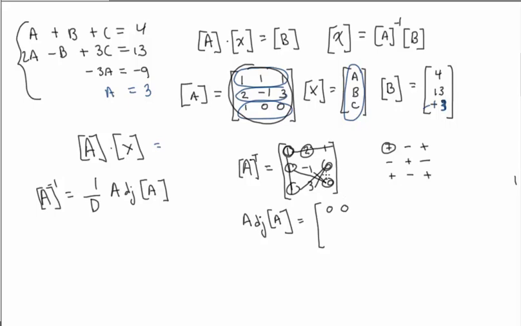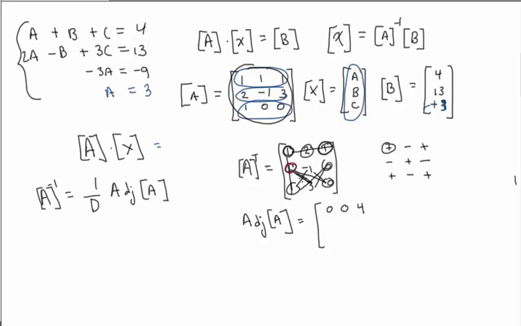This entry here would be a 1 times 1 times 3 minus 1 times, this is getting messy, so 3 minus a minus 1, which is a 4, and we're going to keep the sign of that. So hopefully that didn't get too messy here and you follow.